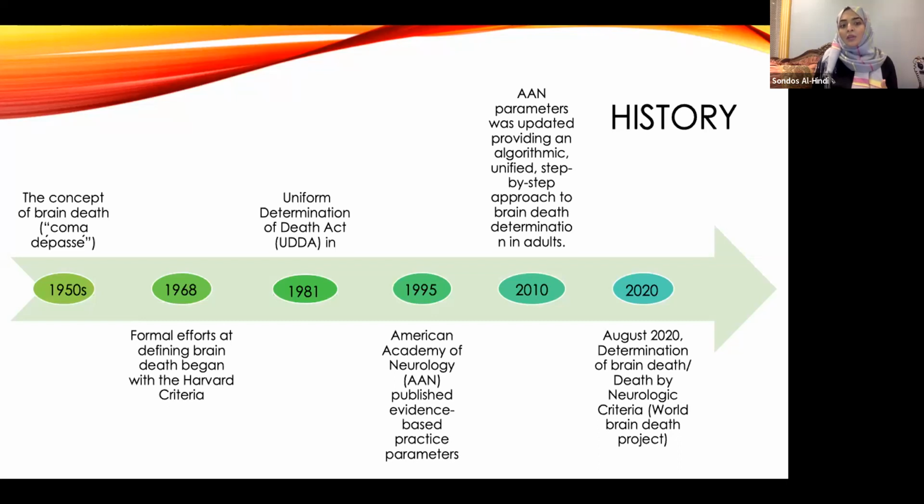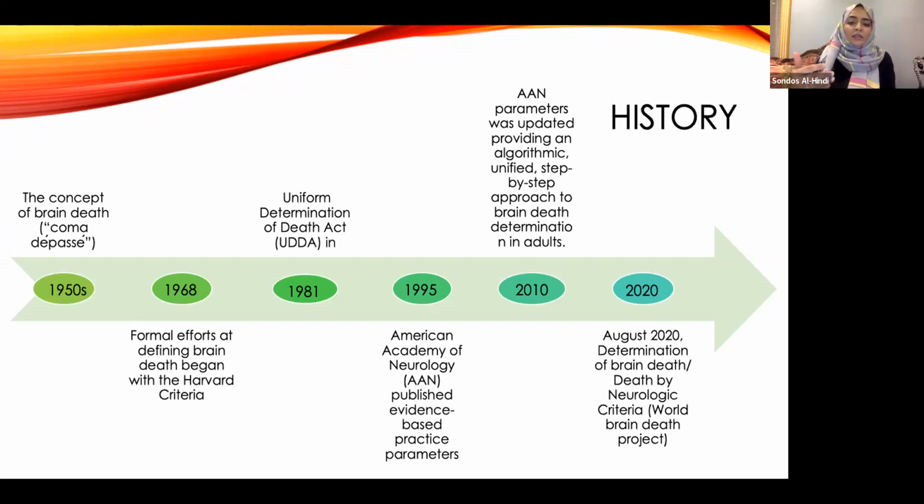And then the Uniform Determination of Death Act clearly defined brain death back in 1981. So from 1968 until 1981, people were scrutinizing the criteria, looking into the positives of it, but it was not a universal definition. It was not broadly used, especially in North America either.